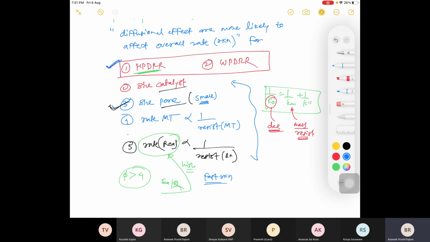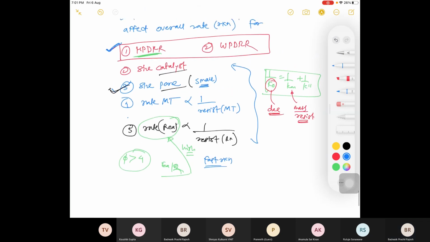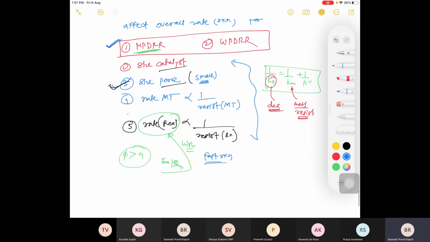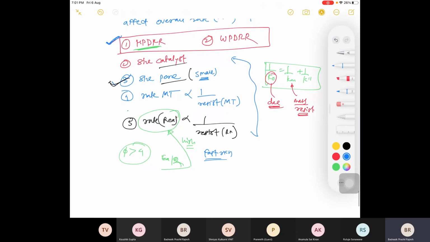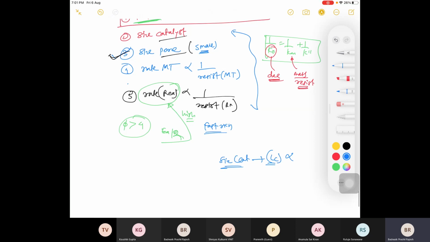I'm just telling you concepts based on which you can have multiple options. Clear with this? And whenever the size of catalyst is being asked, please go for characteristic length. Size of catalyst means it is asking for your Lc, characteristic length, which is directly proportional to Thiele modulus.